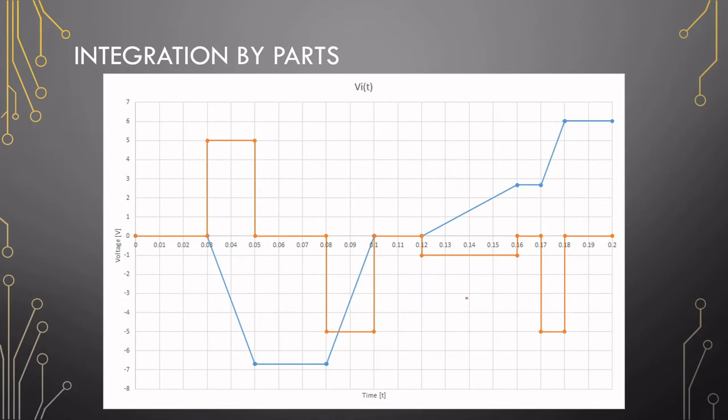So let's hop into some simulations. So we're going to have a look at this integration problem where I created the signal, some DC offset cancelling, and some Bode plots.